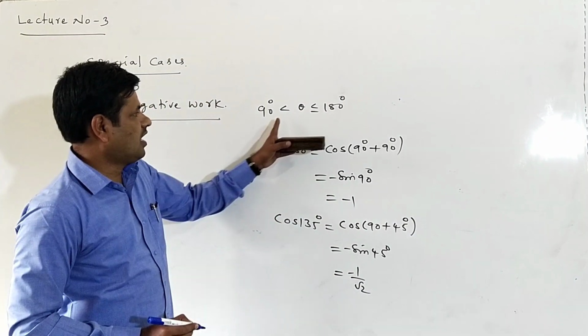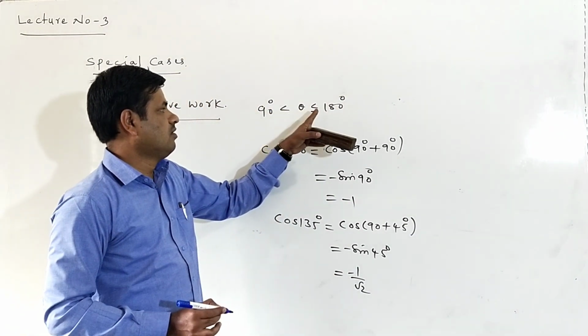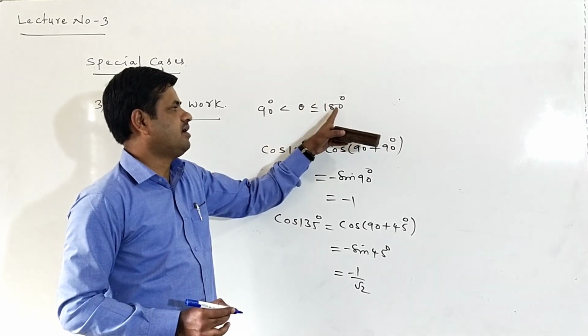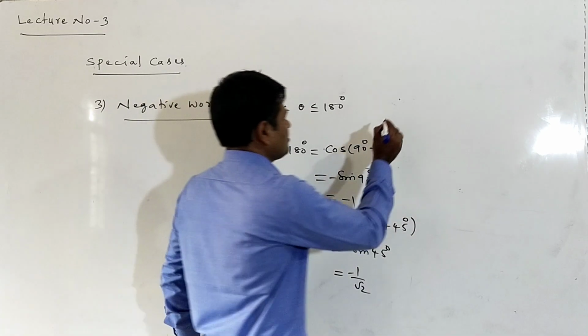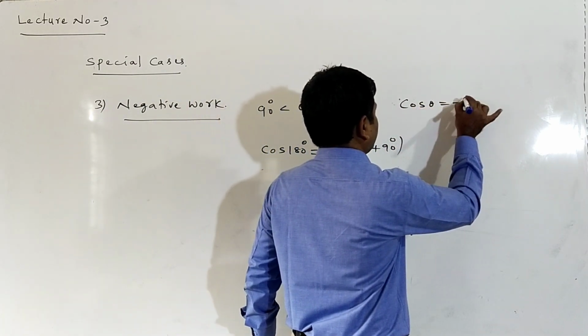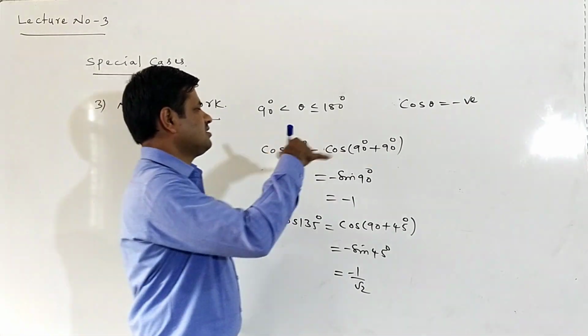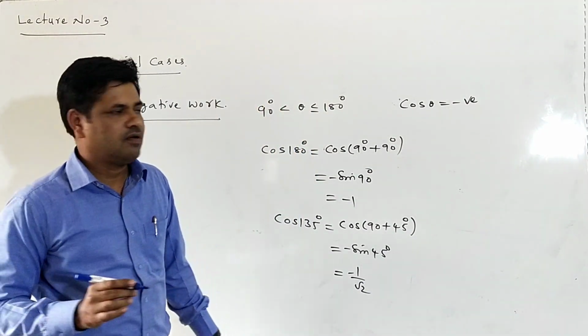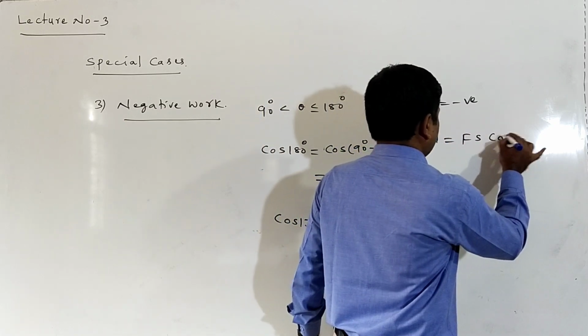This means when theta lies between 90 and 180 degrees, in all these situations the cos theta value is negative. When cos theta is negative, work done is equal to F S cos theta.